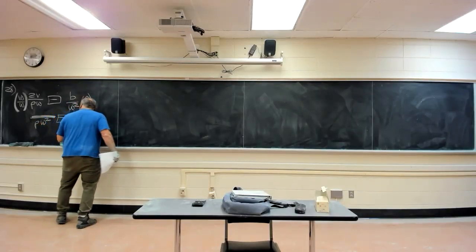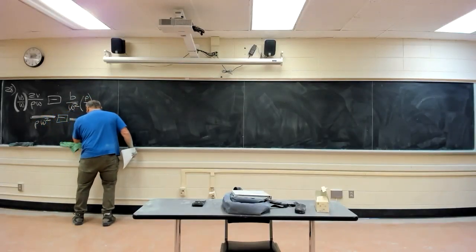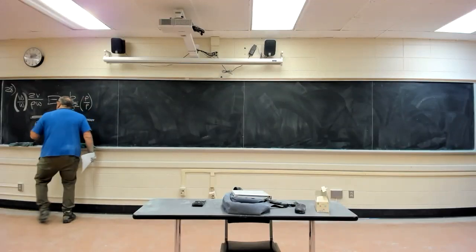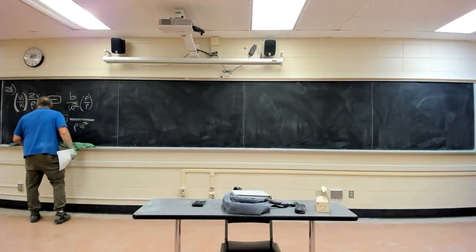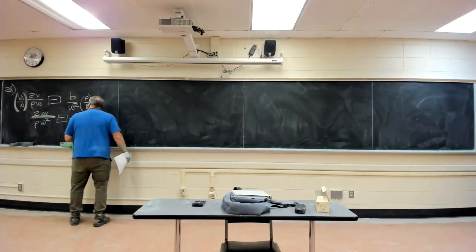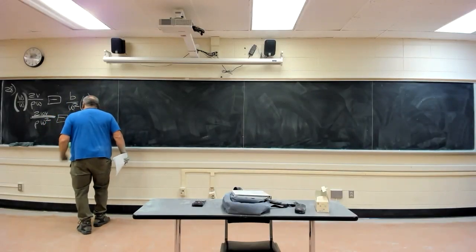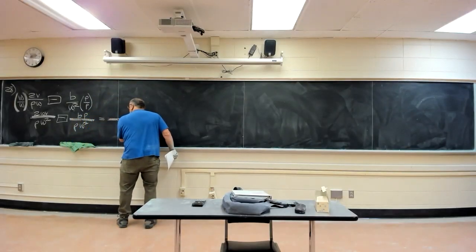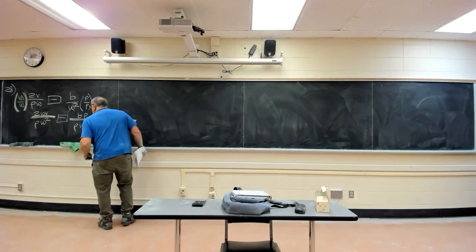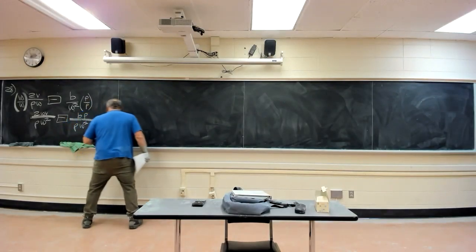W squared times p is pw squared also. Good, that was the goal. W times this is 2wv. B times p is bp.